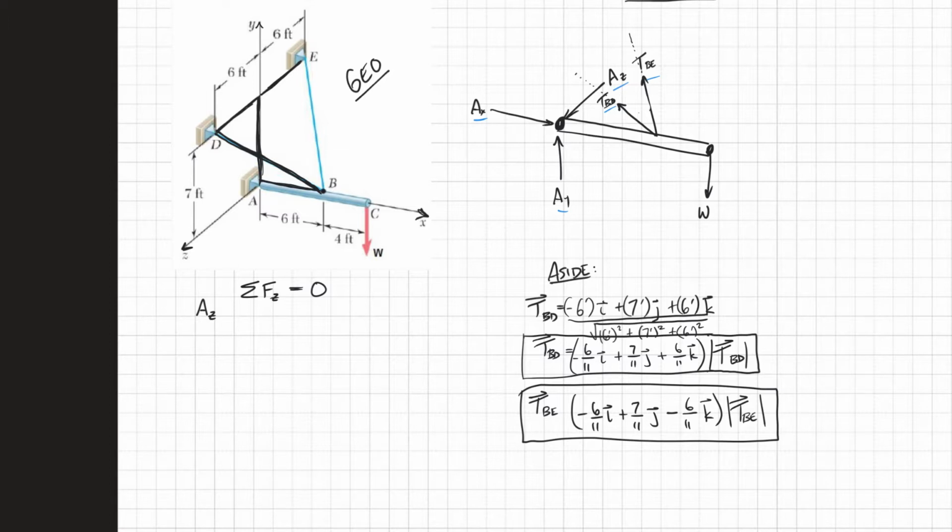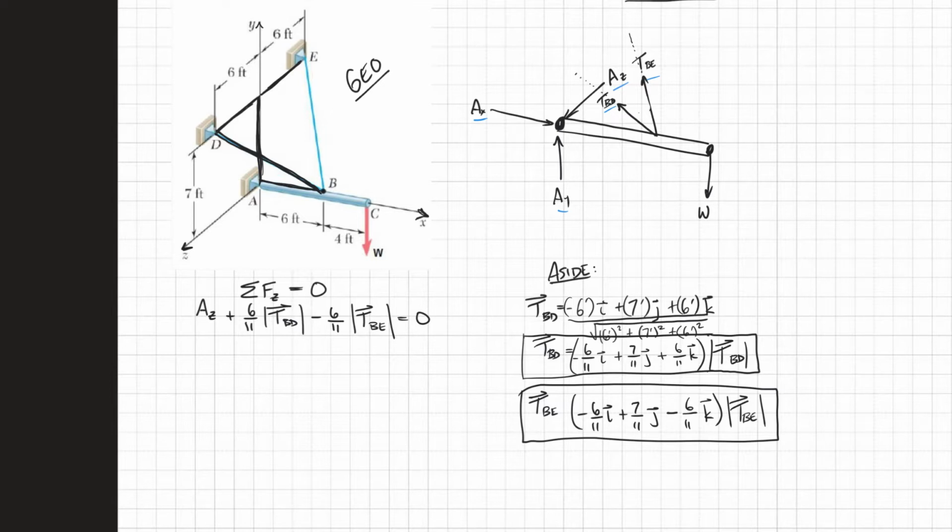So I can say plus 6 over 11 times TBD, minus 6 over 11 TBE, equals 0.